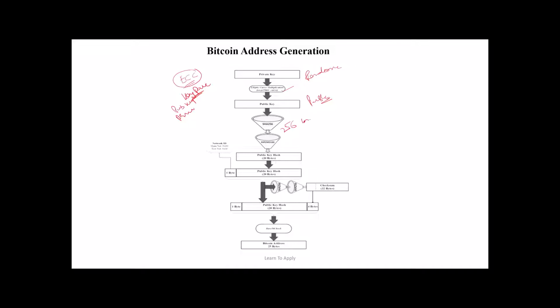After that we apply RIPEMD-160. That's why we say this is double hashing: first we do the SHA-256 hash, then we do the RIPEMD-160 hash. The output of RIPEMD-160 is called the public key hash, and it is 160 bits, that is 20 bytes.